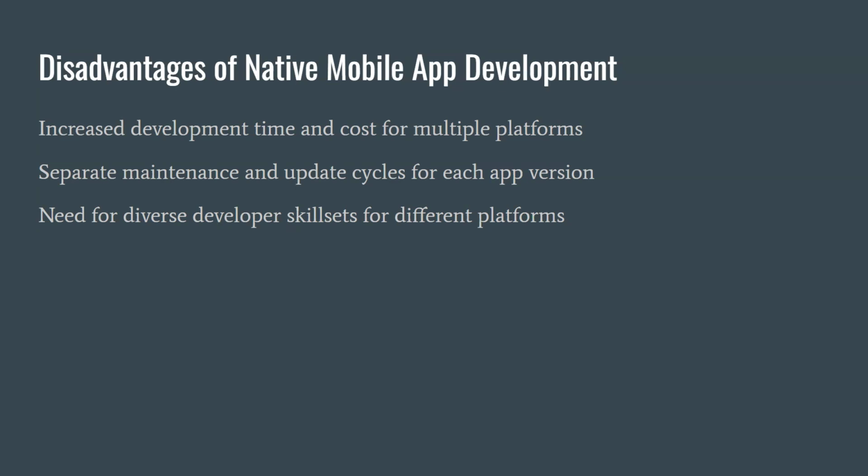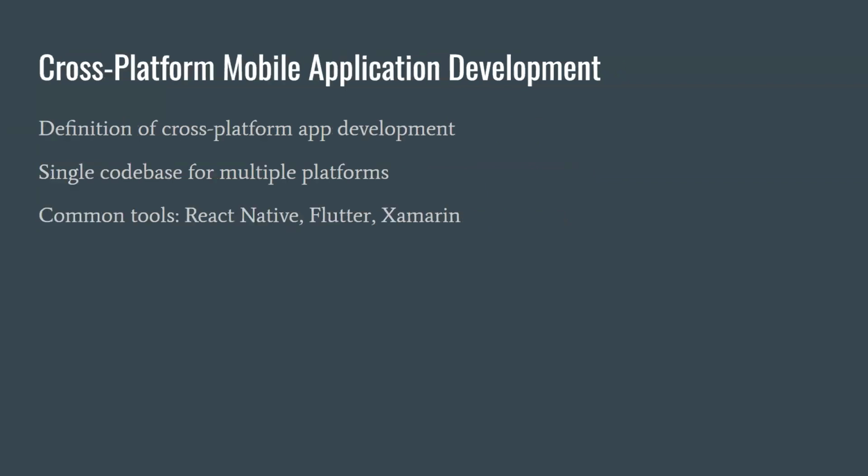Moreover, developers involved would often need to possess or acquire specific skills for each platform. And this can be a significant consideration for teams or individuals who are building native mobile apps.